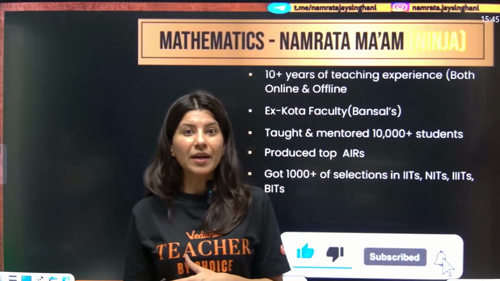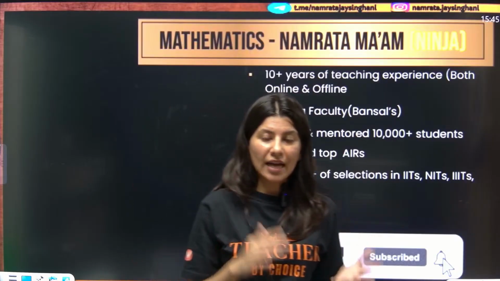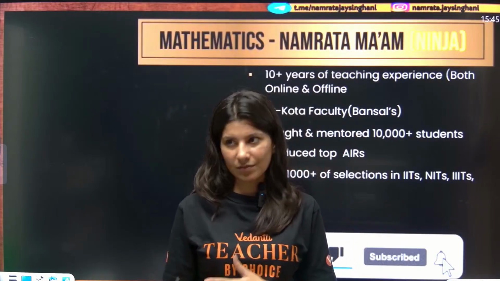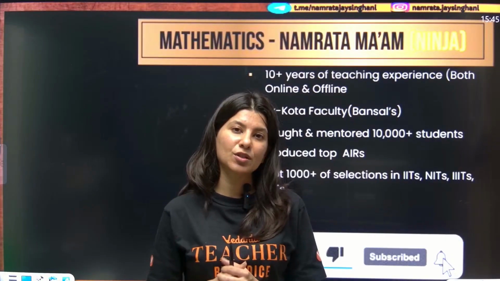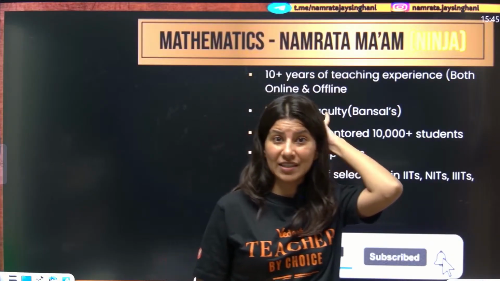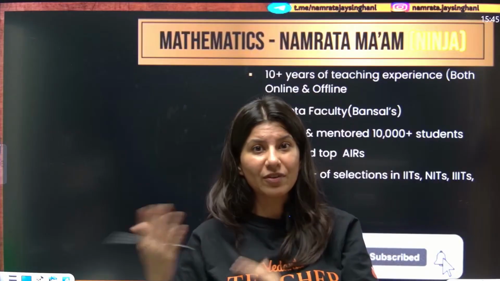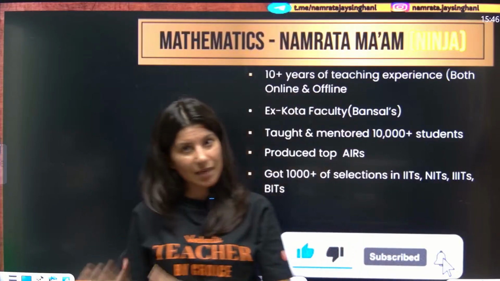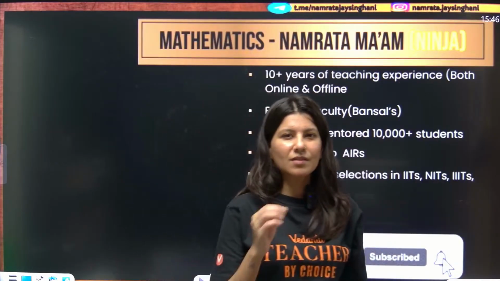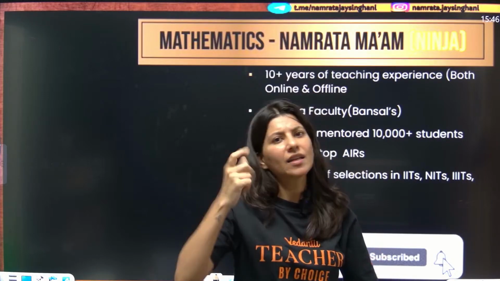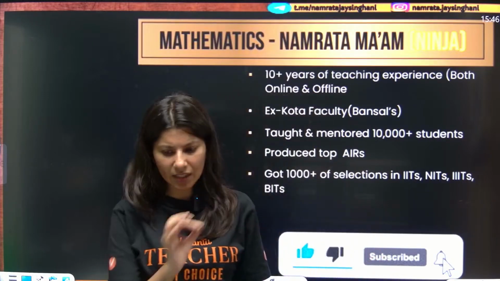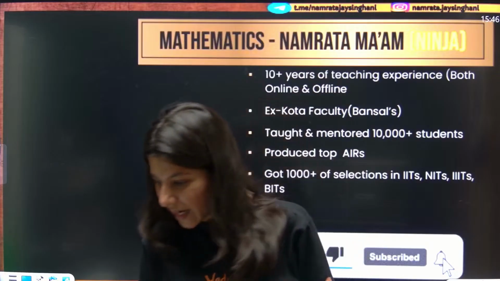As compared to the number of questions, time duration is more, because in JEE Main there are more questions: 75 questions you need to face, 25, 25, 25. But here it is 60 questions in the same 3 hours. So that means you can expect the question level to be of a little bit higher difficulty. Little bit, not much.